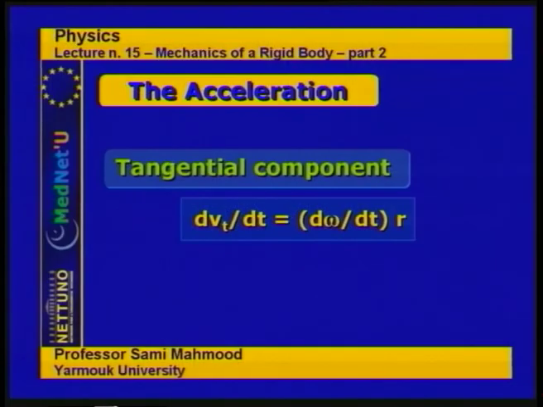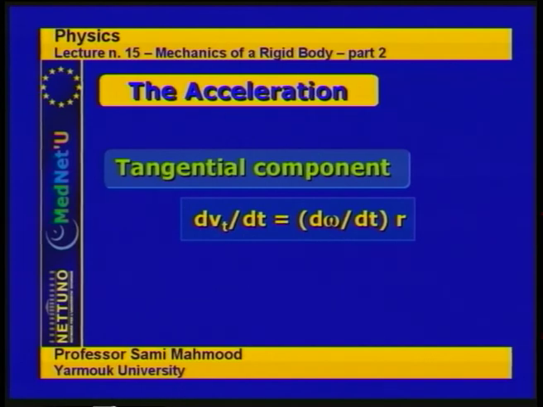That depends on the nature of the motion, whether the tangential velocity is changing or not for a given point in the body. But in the most general form, the tangential component is obtained by taking the rate of change of the tangential speed with respect to time. So it's dvt by dt.